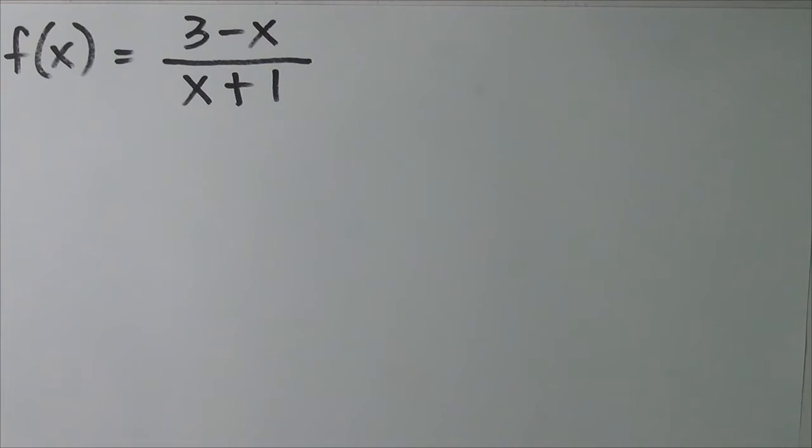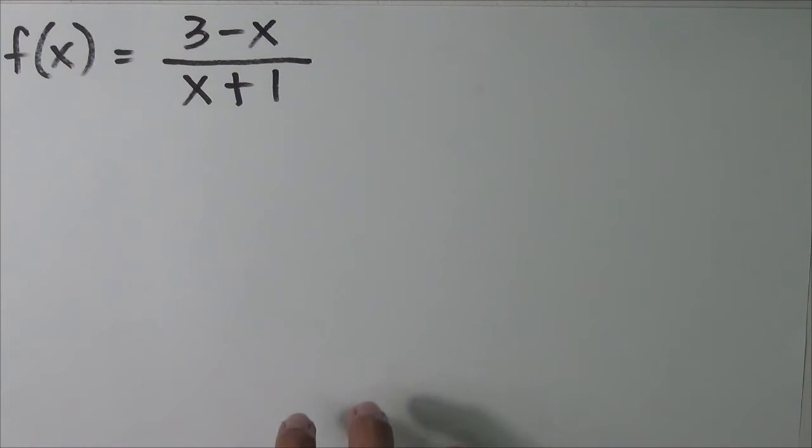Let us determine the y-intercept of this rational function. f of x is equal to 3 minus x all over x plus 1. As mentioned, to find the y-intercept, we simply evaluate the function at x is equal to 0.